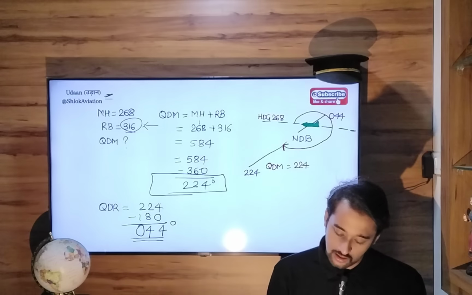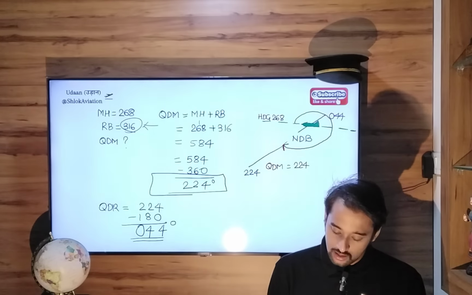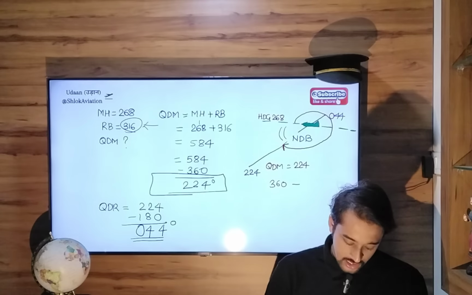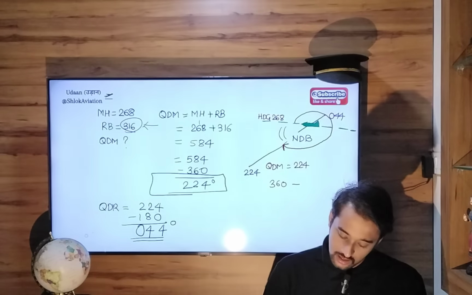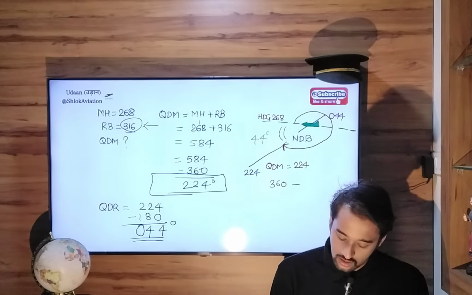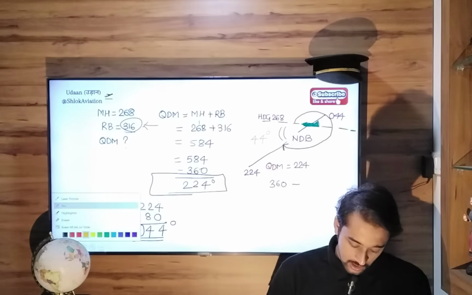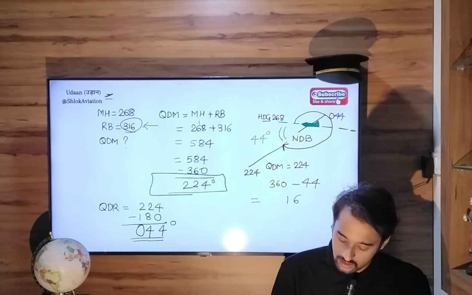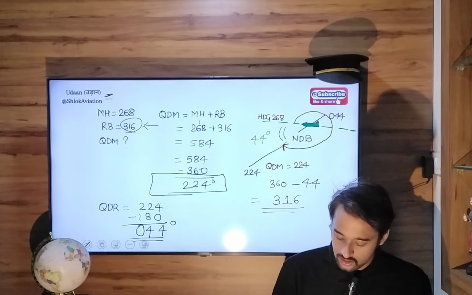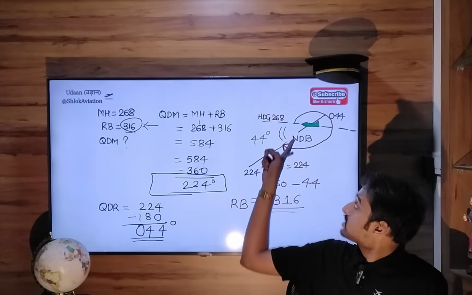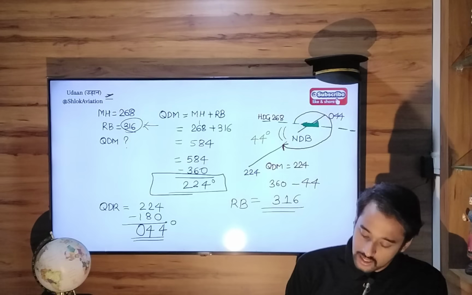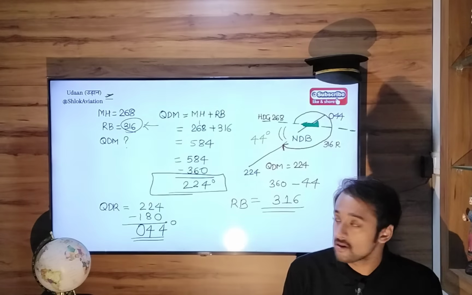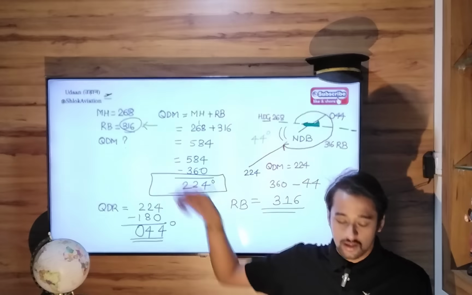So the total will be 360 minus this angle, which is 44, giving 316. Okay. So relative bearing is 316, which is given in the question.